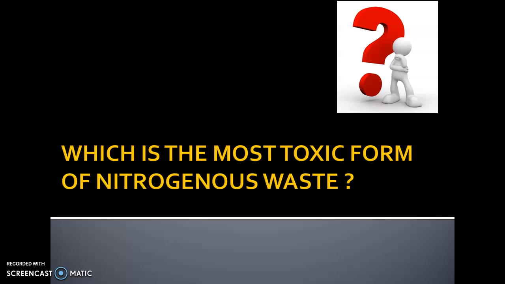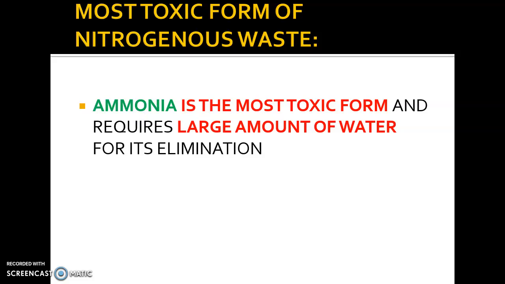Let's begin with this question. Which is the most toxic form of nitrogenous waste? We have ammonia, urea as well as uric acid. Out of these three, which one is the most toxic form? Any guesses? The answer is ammonia. Ammonia is the most toxic form of all the nitrogenous waste products, because it requires a large amount of water for its elimination.